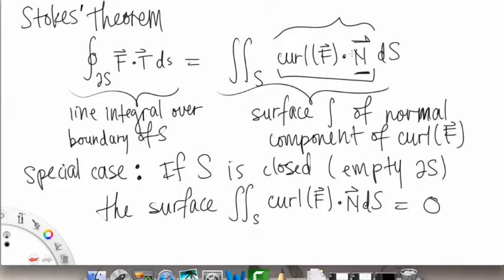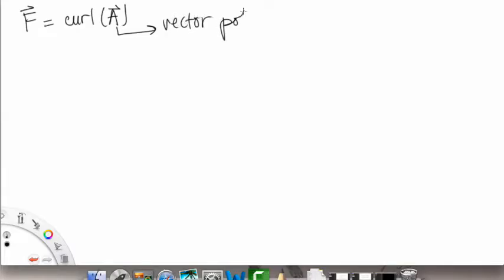Now we have another case where f, our vector field, equals the curl of some other vector field, which I'll call capital A. A is called the vector potential for f.